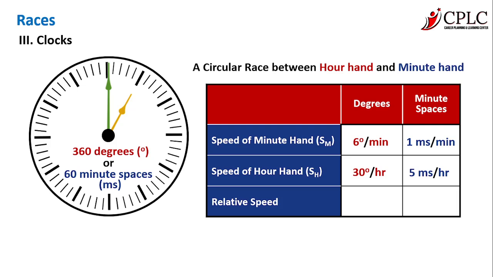Then 30 divided by 60 is half a degree per minute. And lastly, 5 divided by 60 is 1 by 12 minute spaces per minute. So these are the things that we need to remember as part of the process.